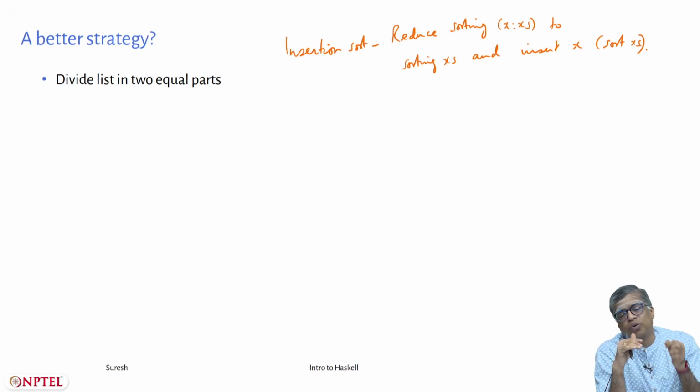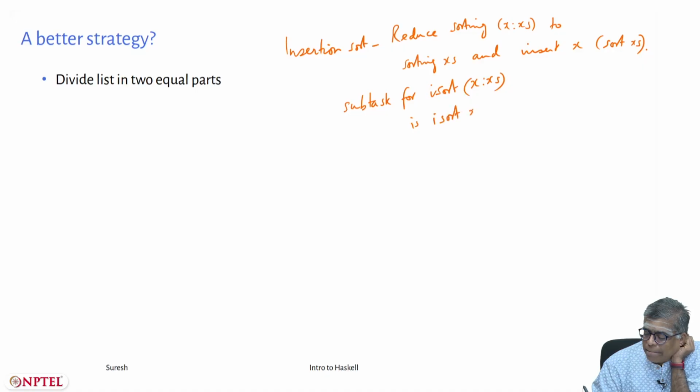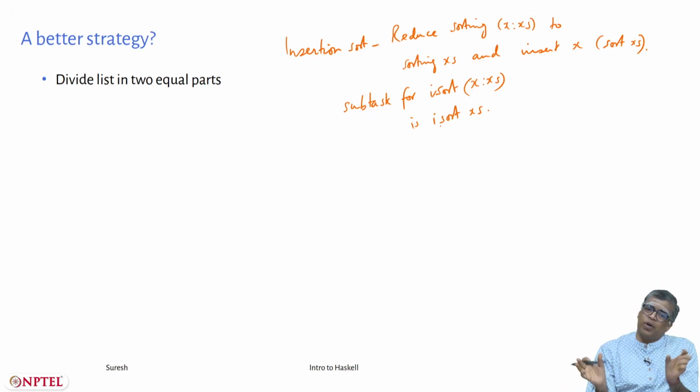Okay, you actually do two subtasks. Here the subtask for isort of x colon xs is isort of xs. The subtask is on a list of length 1 less than the original list, but you could consider dividing, having not one subtask but two subtasks, both of which are of much smaller size. In fact, that is what we will try to do here.